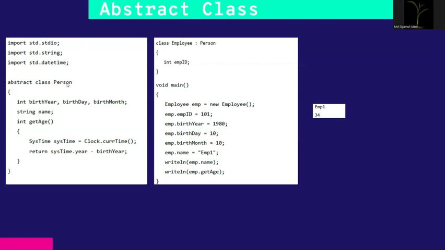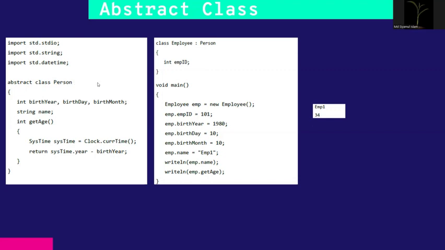For example, here we have a class called person, and before that we have the keyword abstract. That means we cannot declare an object for this person. Then what's the meaning of declaring this class?